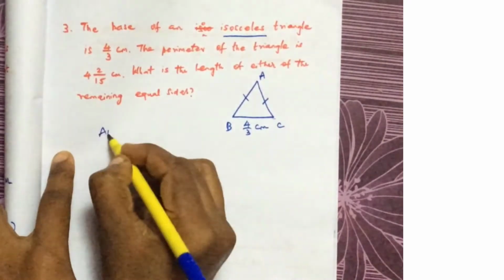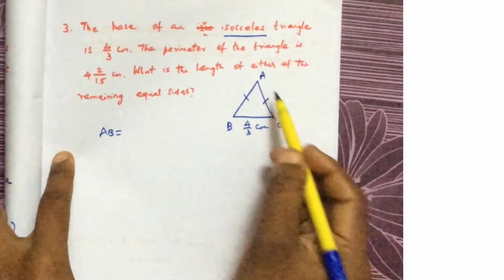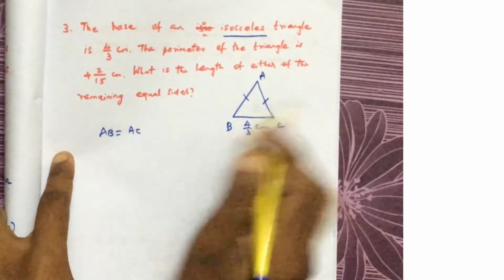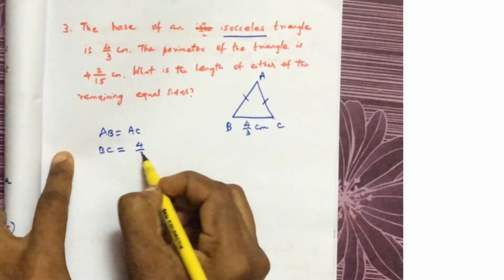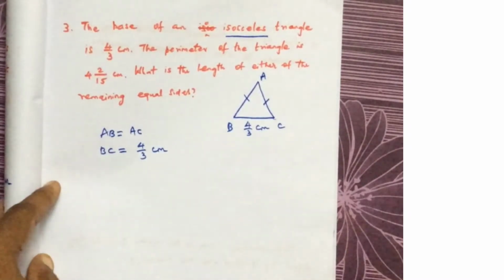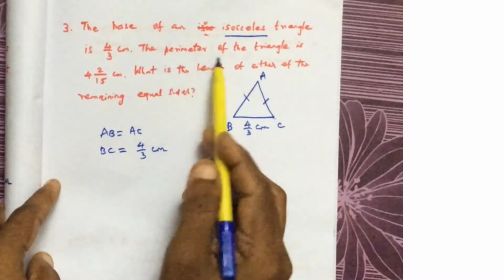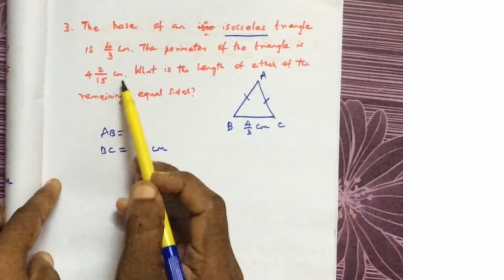So now this AB equal to this AC. These 2 sides are equal. BC is given as 4 by 3 centimeter. Another information given is the perimeter of the triangle is 4 2 by 15 centimeter.